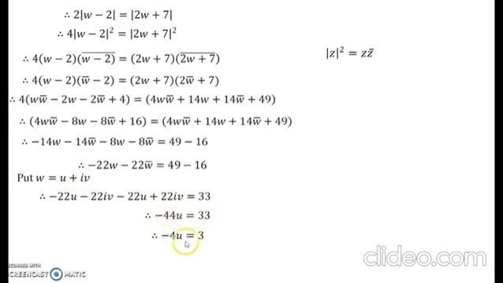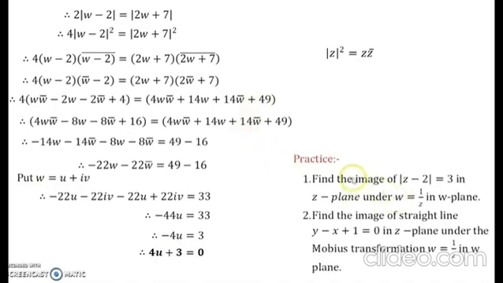After simplifying, we will get −44u = 33, because −22iv and +22iv cancel. Finally, I may cancel out 11, and I will get −4u = 3. When moving −4u to the right-hand side, I will get 4u + 3 = 0. This is what we wanted to prove in the given problem.